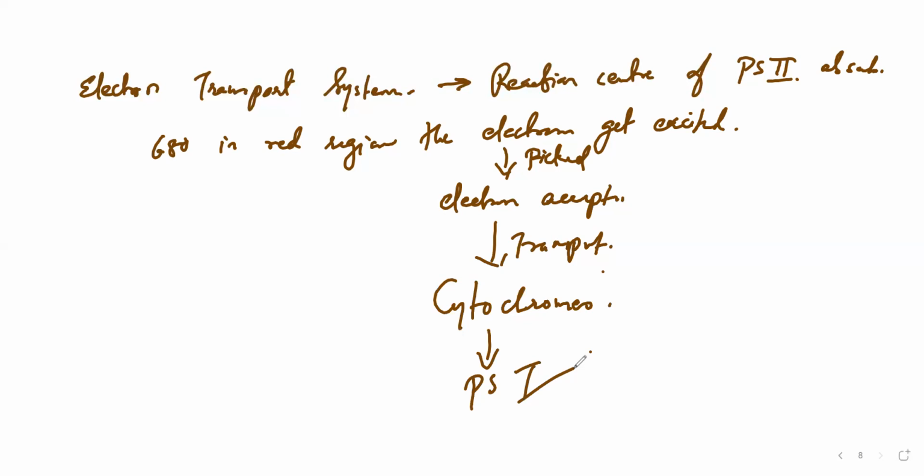Now in PS1 also, the wavelength of the light is 700 nanometer. So here also, when it reaches 700 nanometer, the electron gets excited. And again the electron acceptor will accept that particular molecule, and then you will have a redox potential.